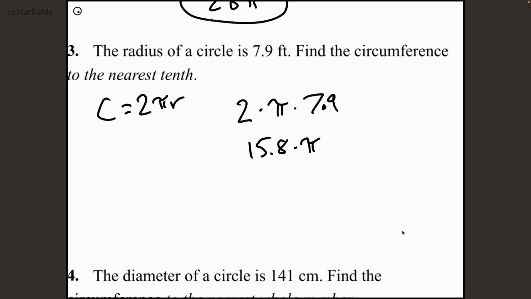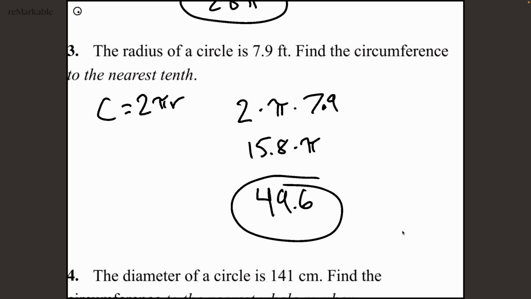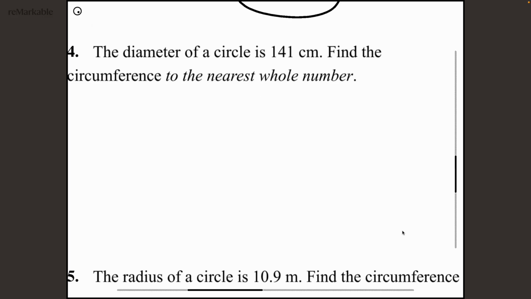And don't type 3.14, you gotta actually use the pi button. Okay, use the pi button, and what do we get? 49.6. Okay, perfect. Go ahead, do this one on your own.